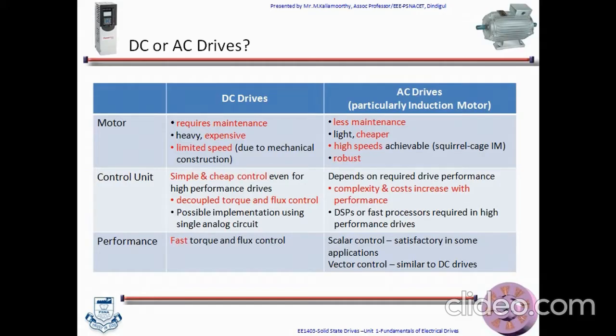Performance wise, they have fast torque and flux control; scalar control is satisfactory in some applications, and vector control is very similar to DC motor drives. So nowadays AC motors are preferred over DC motors mainly because DC motors are heavy and expensive.